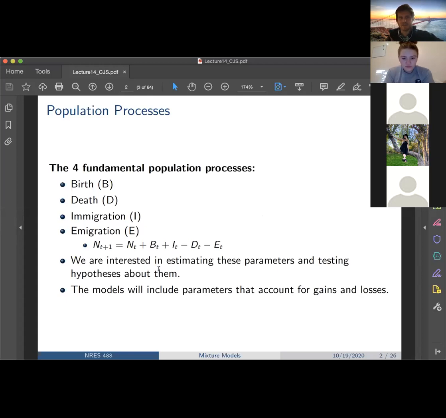Why is the population changing? Is it because death rates have increased or decreased? Or is it because animals are coming in from somewhere else? We can ask those types of questions when we estimate open populations.